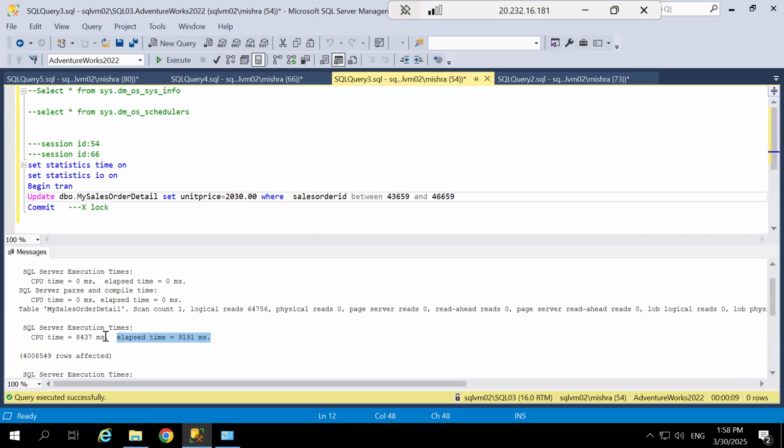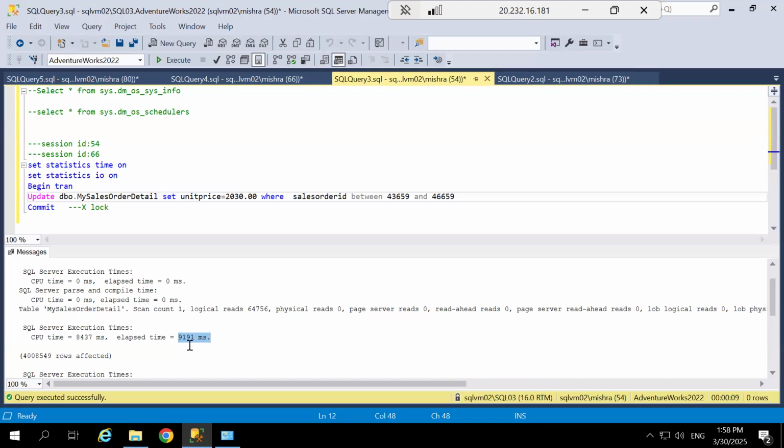CPU time is the core time which was taken by the processor to execute the query, right? And elapsed time is the total time which the query took to execute, including wait on the resource, wait on network, wait on IO operations, everything is included here, right?